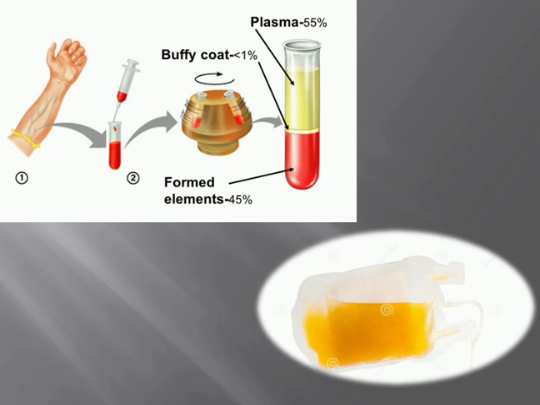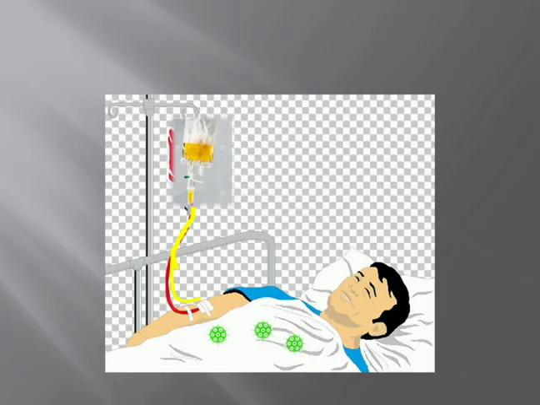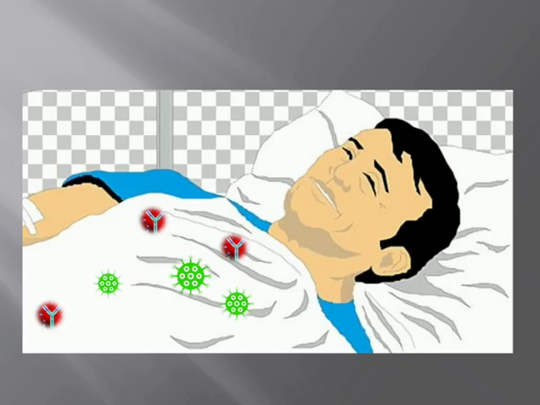About 200 ml of plasma is needed for one person. So about 200 ml of plasma containing the antibody is administered to a person who has the disease, and the antibody in that plasma will fight against the infection and clear it. So it helps the person to recover from the disease.